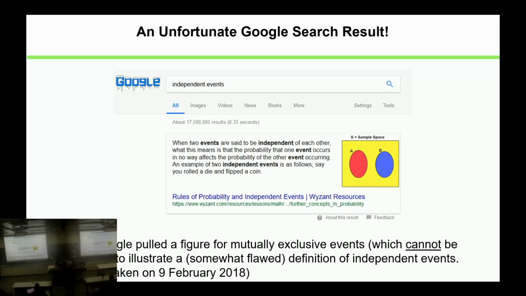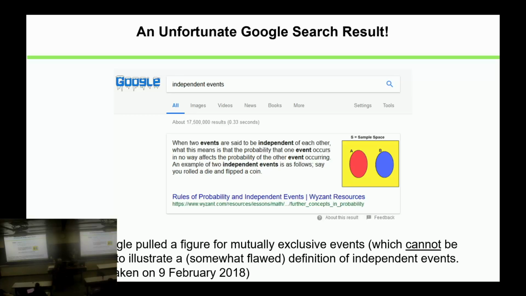Clearly those are not independent events, they're mutually exclusive events. The weird thing is, and this is one of the things you've got to watch with things like artificial intelligence, they'll sometimes just grab weird things and take them totally out of context. In fact, if you went to the place where they got this diagram, something called Wise Ant, which was kind of cool because it's named after ants, they actually had this as an example of non-independent events and mutually exclusive events.